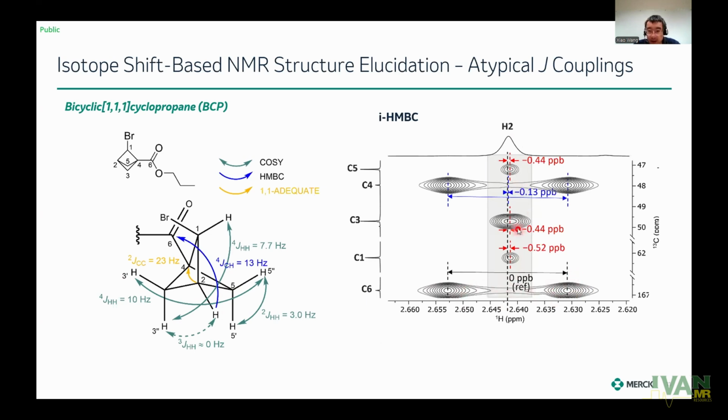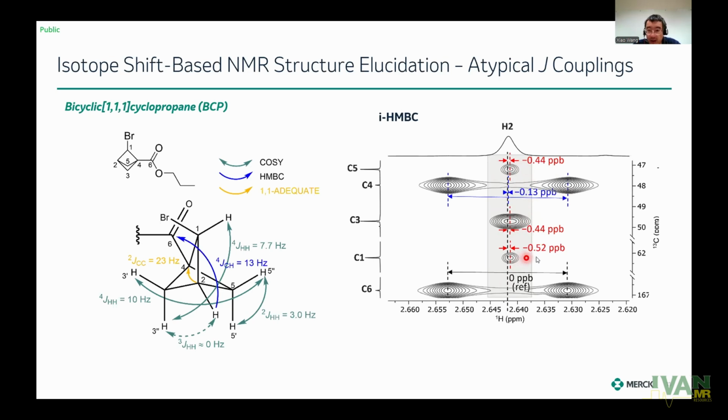So we use this signal as the reference. Then we measure the center of all other correlations and compare the chemical shift of all these other signals with the reference signal. And we can see that there are three signals here, singlet-type signals.